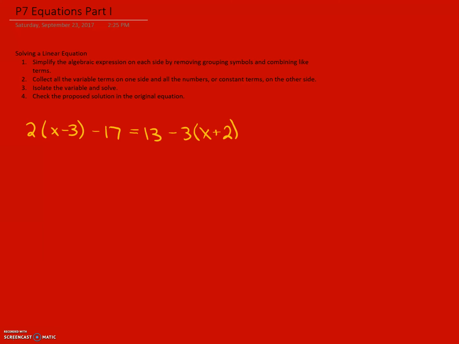So we take a look at this, and it looks like we have some distribution to do. 2x minus 6 minus 17 equals 13, 3x, and minus 6. So we're going to take that and add like terms.